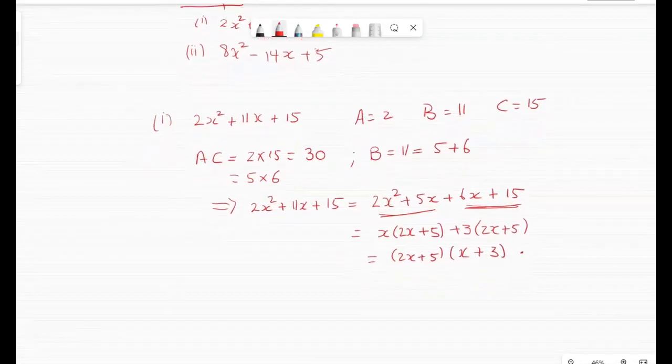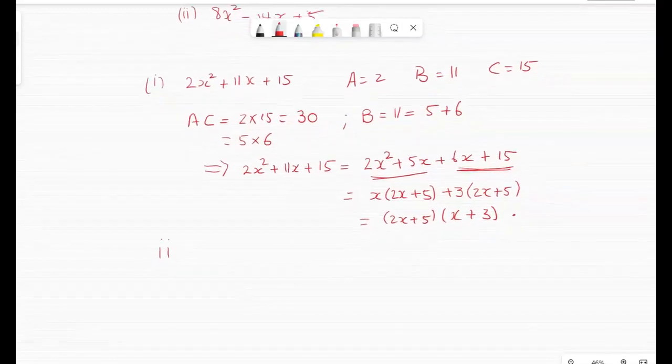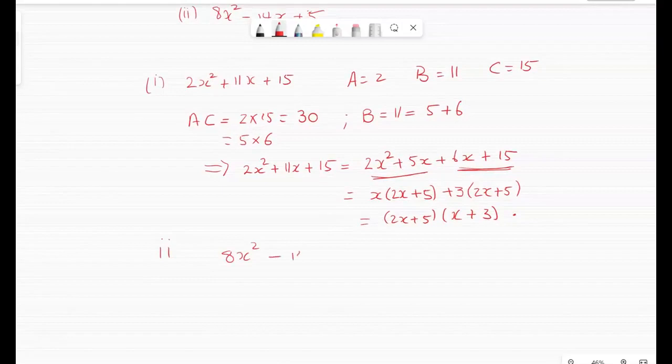I'll move on to factorize the second expression, which is 8x squared minus 14x plus 5.